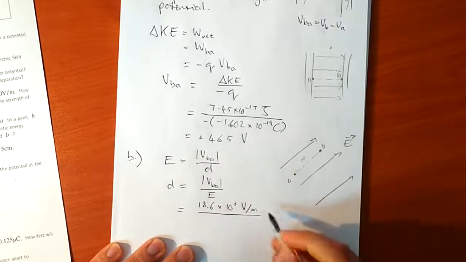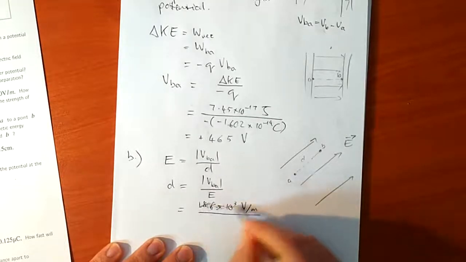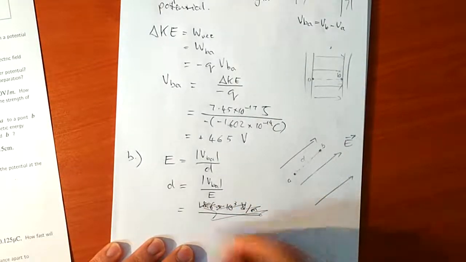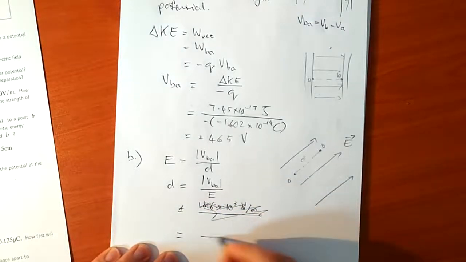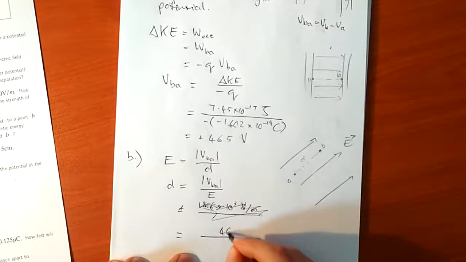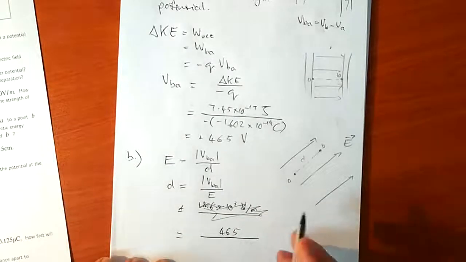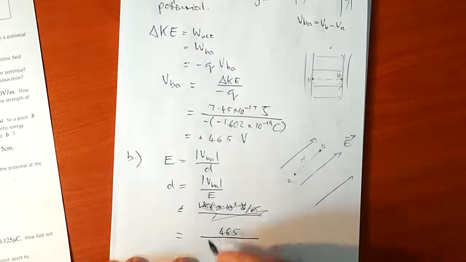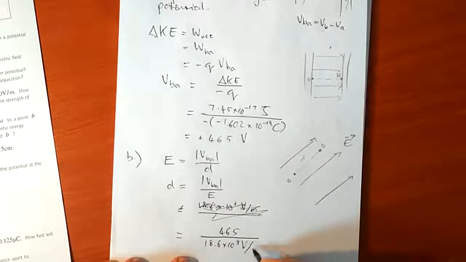I just substituted the electric field. This should go below. Sorry, let's do that again. Up here goes the potential difference, which I calculated in the first part, 465 volts, and over 18.6 times 10 to the 3 volts per meter.